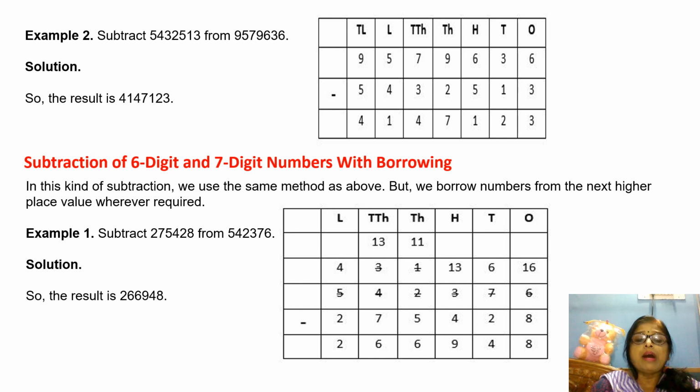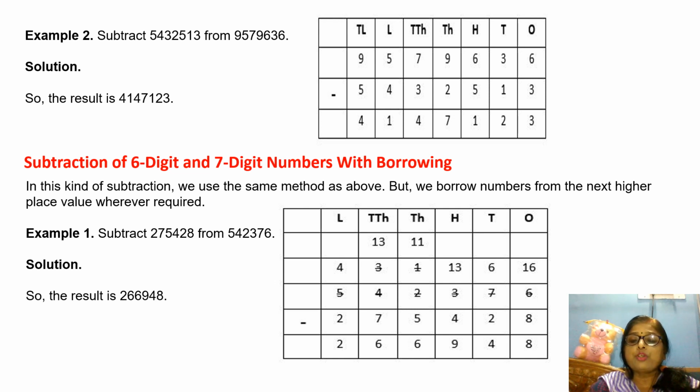If required, then we borrow from the next higher digit. Here you can see first you can't subtract 8 from 6, so you borrow from the next higher place value. It becomes 16. Now you subtract 8 from 16 and you get 8. Here 6 is remaining.